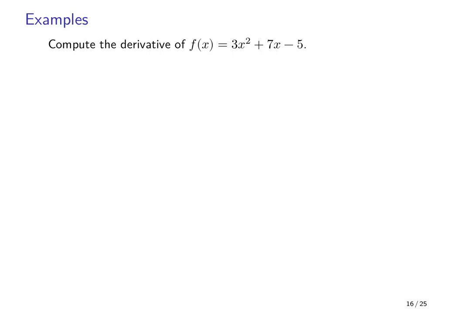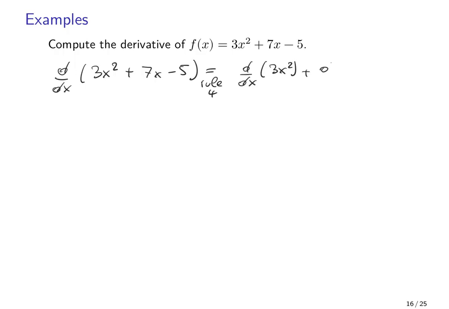Now let's use the first 4 rules that we've established. So d dx of 3 times x squared plus 7x minus 5 is what? Well, you can write this as d dx of 3 times x squared plus d dx of 7 times x plus d dx of minus 5.